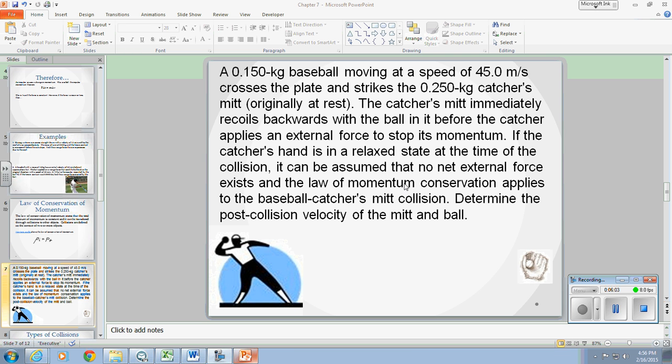So we have to make a few assumptions here, but essentially the law of conservation of momentum is going to apply. Another way to think of this is: put the catcher's mitt up and don't put somebody's hand in it. Throw the baseball into the mitt, and the baseball and mitt travel together after the collision.